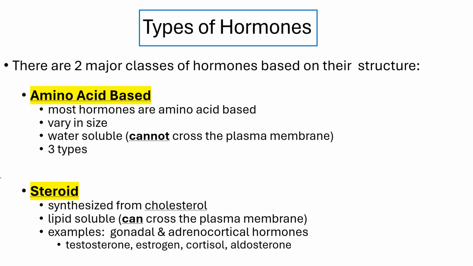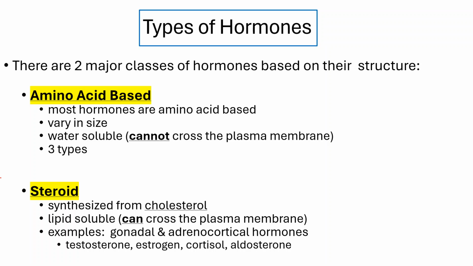These amino acid based hormones are water soluble, just like proteins are water soluble. They love water, they have no problem with water. But that does mean, if you remember your plasma membrane, things that love water can't cross that plasma membrane, that phospholipid bilayer, because the heads of the phospholipids, while they love water, the tails of the phospholipids don't.